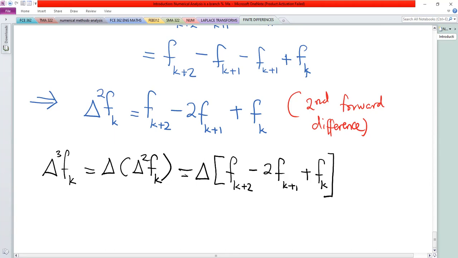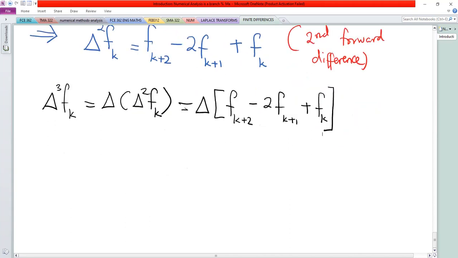So when you distribute this forward to each of these terms, this will give us forward of Fk plus 2 minus 2 forward of Fk plus 1 plus forward of Fk.